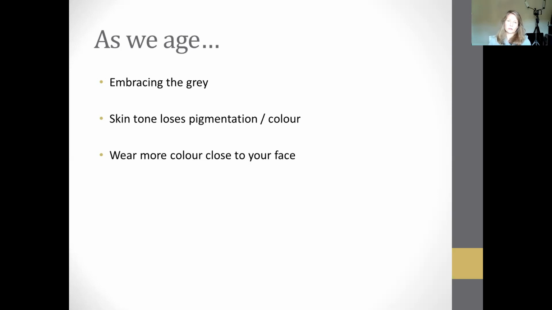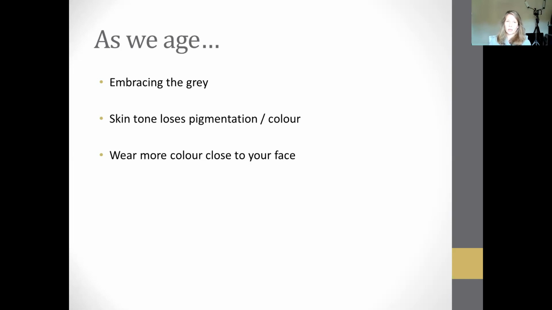So when you do start to embrace grey, think about which category your grey hair fits, and then try to complement the grey with different colours. If you do have a brightness to your grey, you might want to think about wearing brighter colours, you know, vibrant reds, for example, maybe even blues and navies, just colours that are stronger, so that it complements the grey that is coming through.